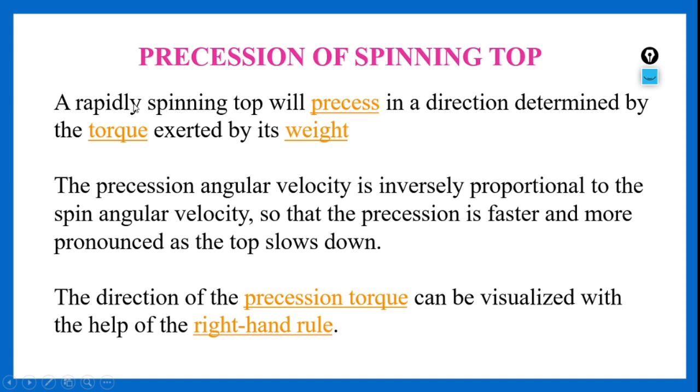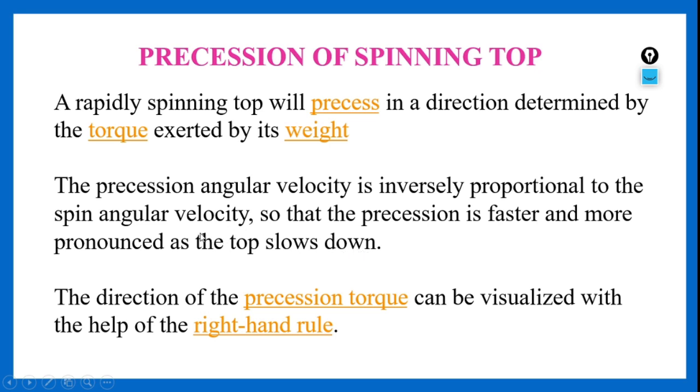The precession angular velocity is inversely proportional to the spin angular velocity, so that the precession is faster and more pronounced as the top slows down.